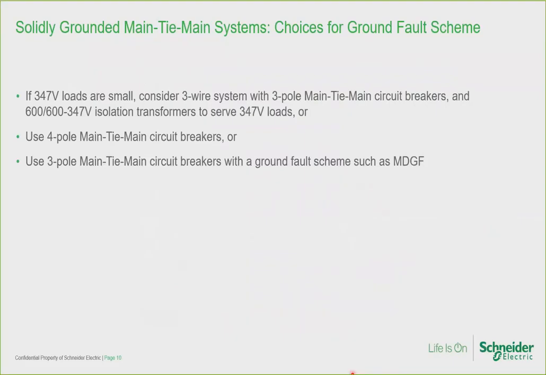Then the remaining 600 volt system can be 3-wire, and then you have no solid neutral between the sources to worry about, hence no parallel neutral paths to cause nuisance tripping or failure to trip.